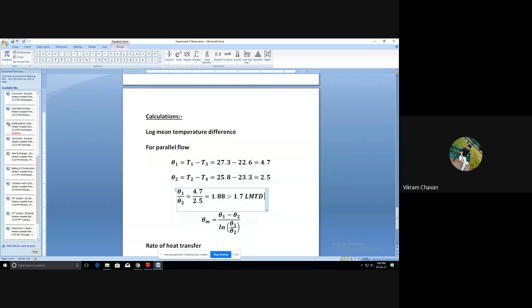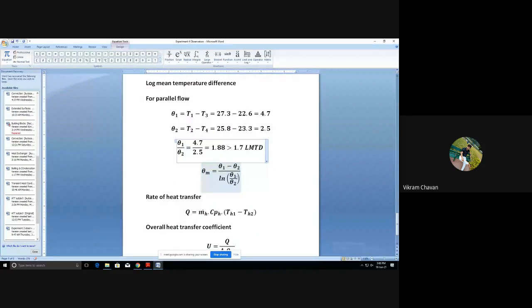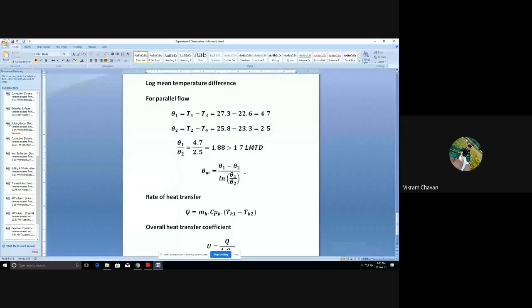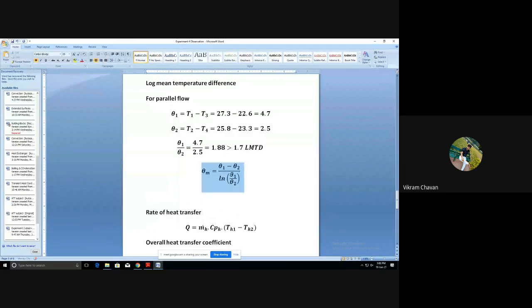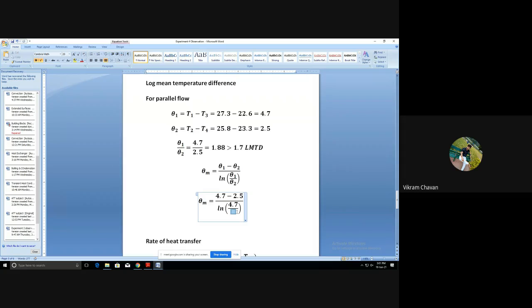LMTD, that is theta m, is equal to theta 1 minus theta 2 divided by ln of theta 1 divided by theta 2. Theta 1 value is 4.7 minus theta 2 which is 2.5, divided by ln of 4.7 divided by 2.5.